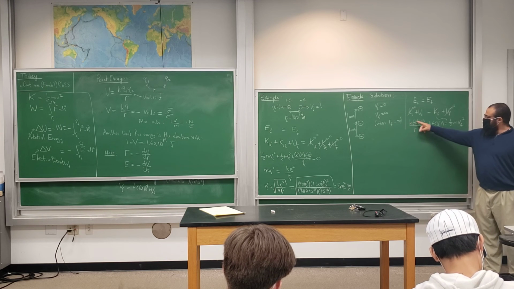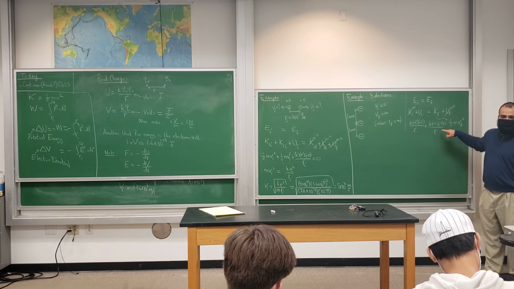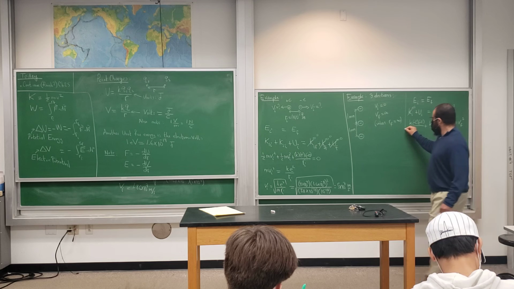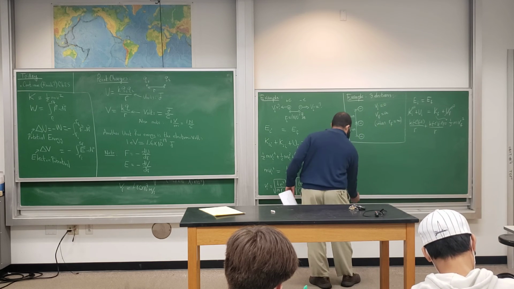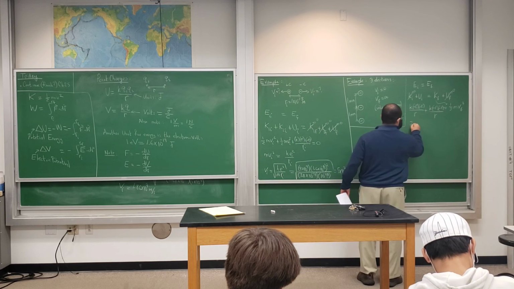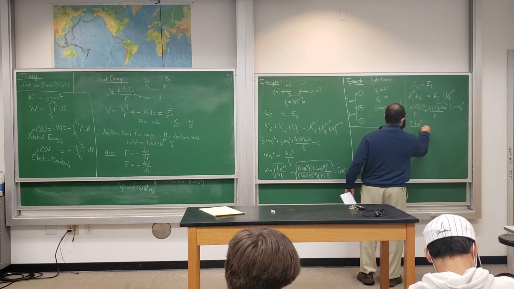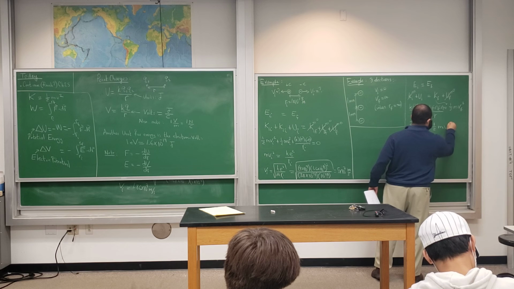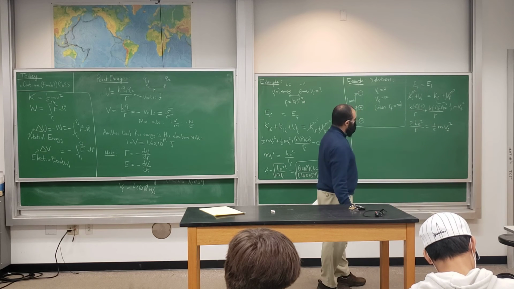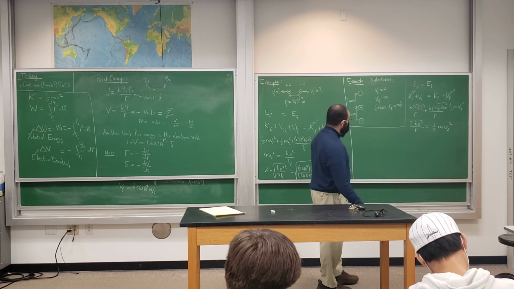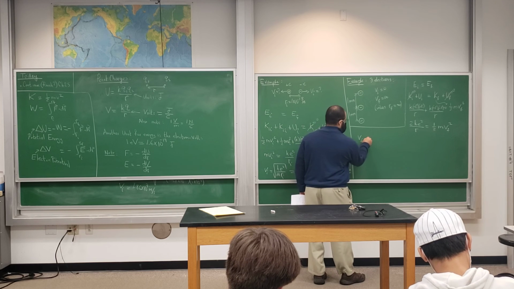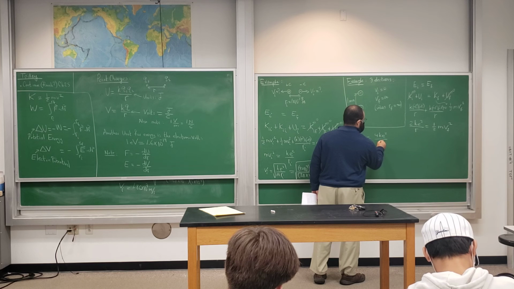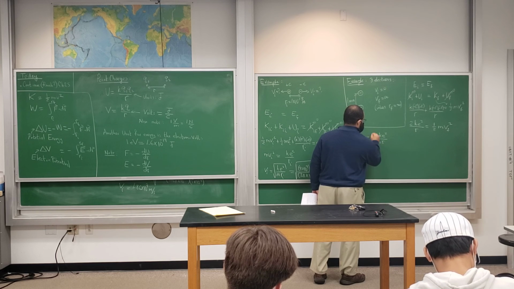So from here, you would have KE squared over R plus another KE squared over R, so that's 2KE squared over R. So you would have 2KE squared over R equals 1/2 m v final squared. Multiply both sides by 2, divide by the mass, and so forth. So you get v final equals the square root of 4KE squared over M times R.